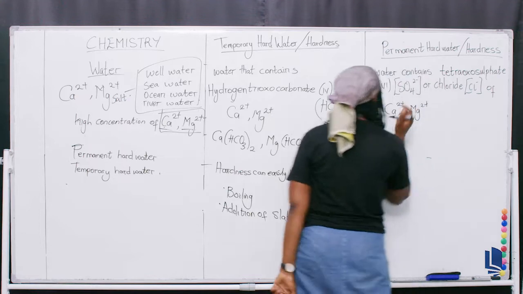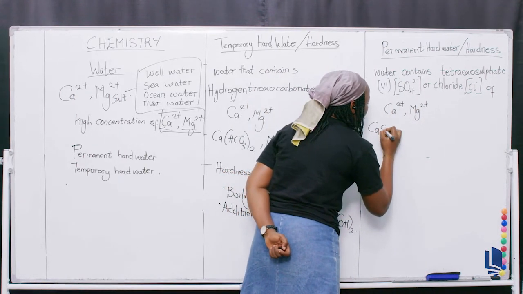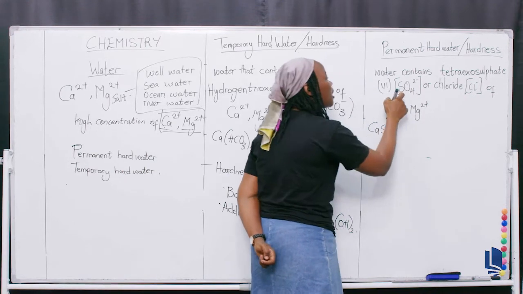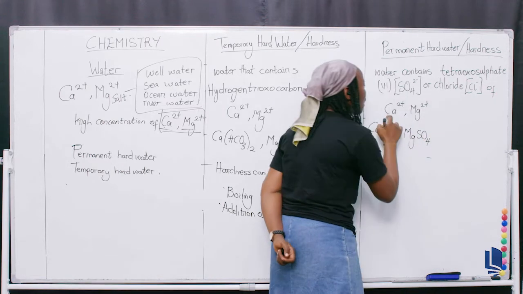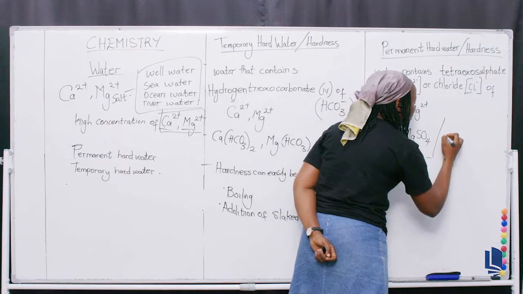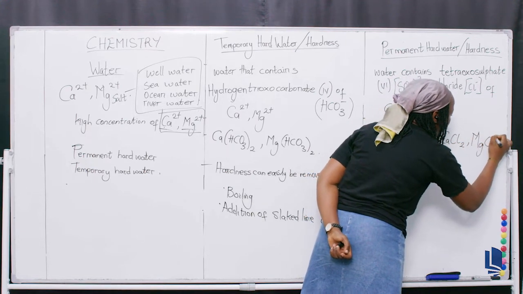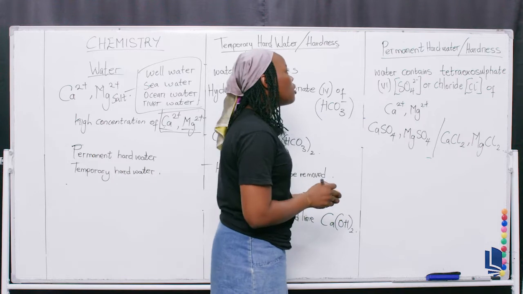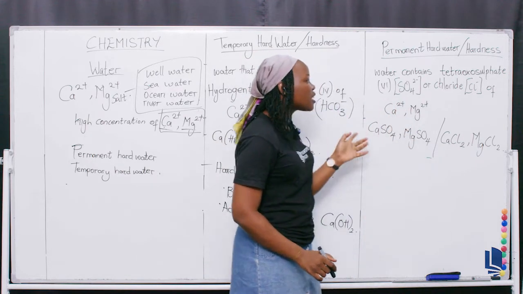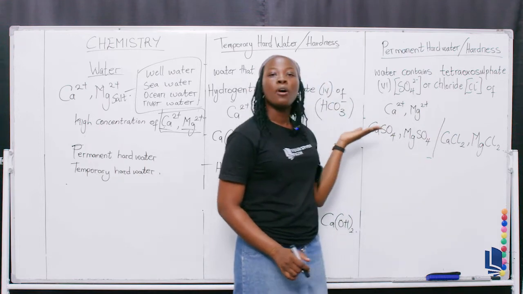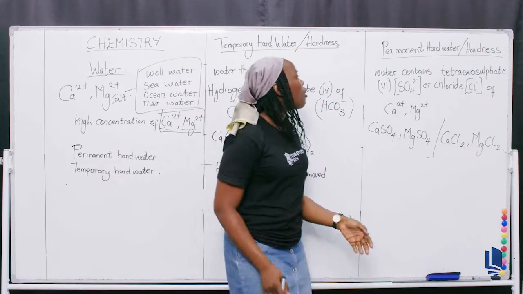And so calcium tetraoxosulfate(VI) would be CaSO4. Magnesium tetraoxosulfate(VI) would be MgSO4. Calcium chloride is CaCl2. Magnesium chloride is MgCl2.